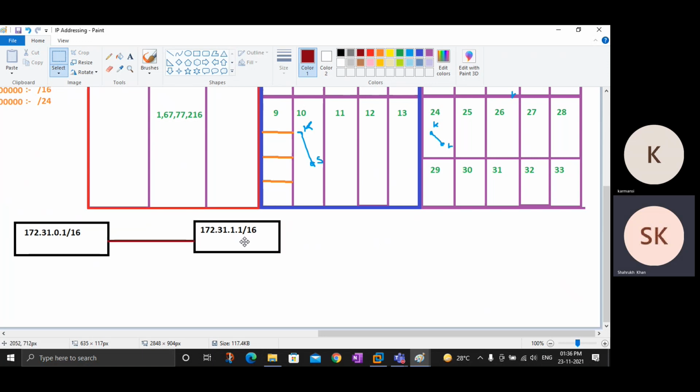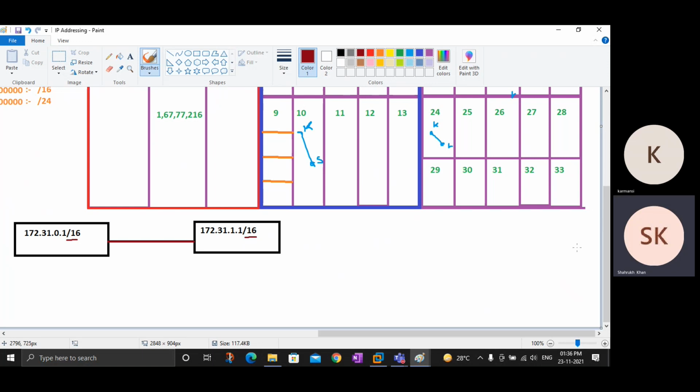For us to check whether they'll be able to communicate or not, first of all, check their last CIDR value, that is this one. The CIDR is 16.